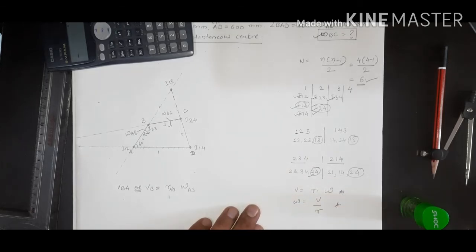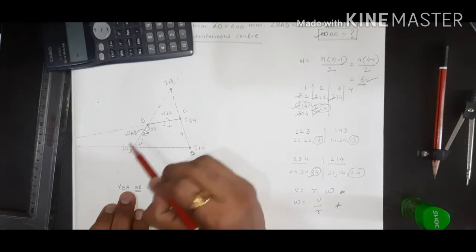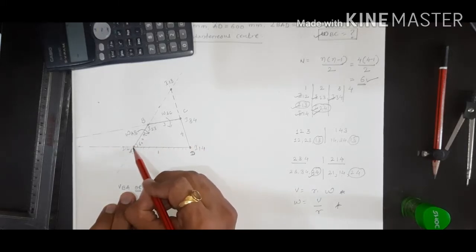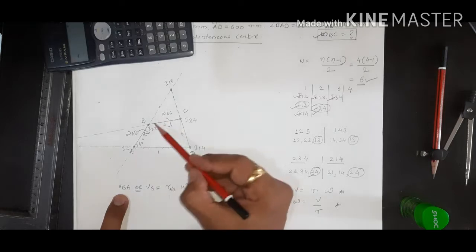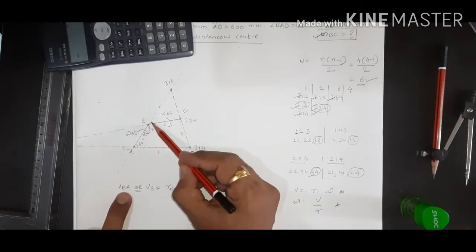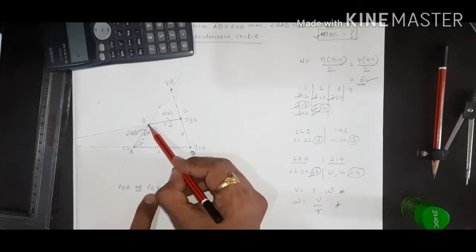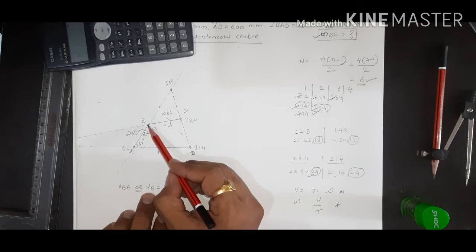Given is omega AB. Point A is fixed, so the linear velocity of link BA, the velocity of point B, is the absolute velocity of point B.